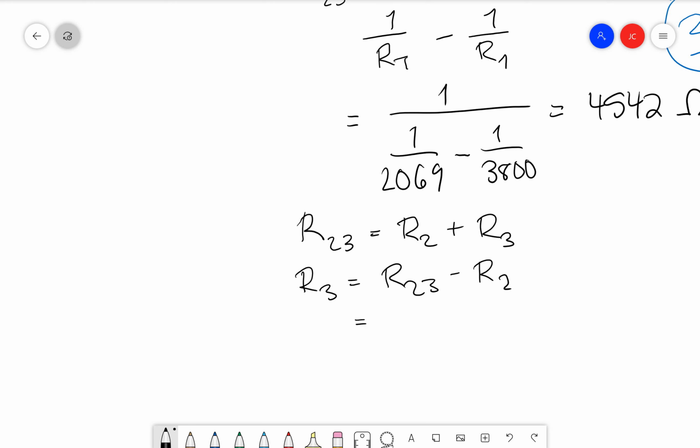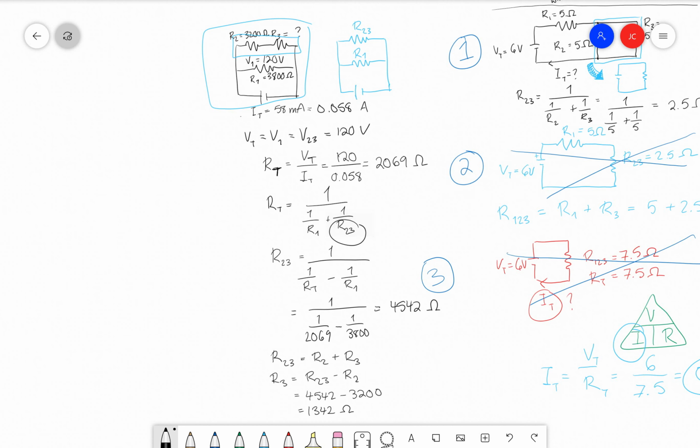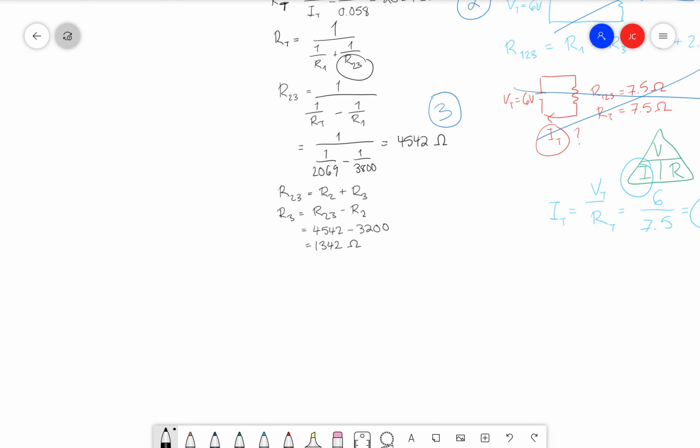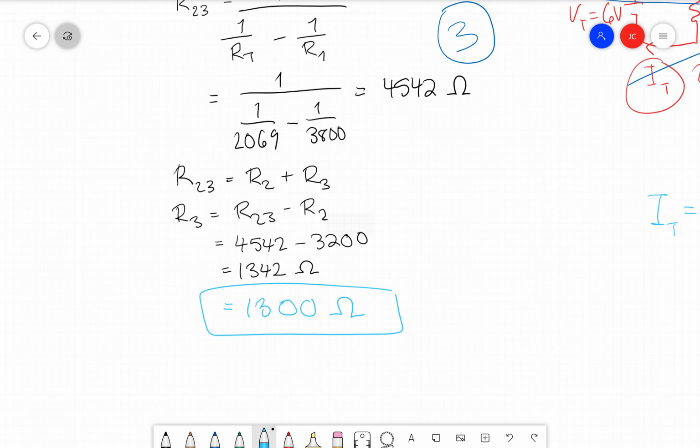Sub in the values again, 4542 and 3200. That equals 1342 ohms. And because, of course, significant digits are all a thing, the smallest number we see here has 2 significant digits. And so this number becomes 1300 ohms. And that's the value of R3.